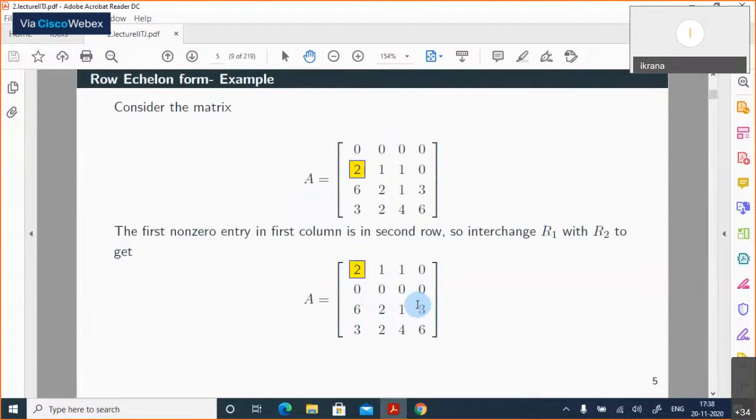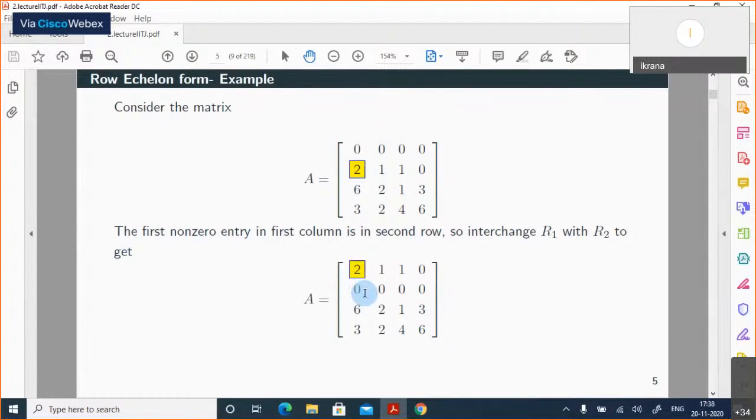This will change. We don't bother about that. And similarly, we make this entry 0 by multiplying the first row by -3 by 2 and adding here. So that will become 0. So this will be 2, 1, 1, 0, and below that everything will be 0. And these entries would have changed. That is okay. So that is step 1.